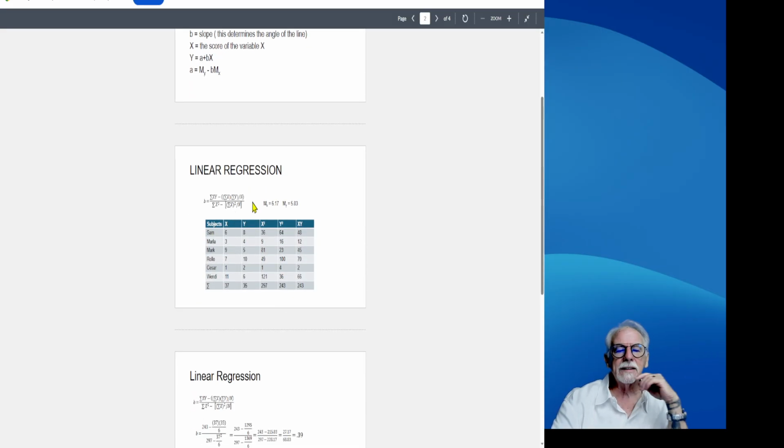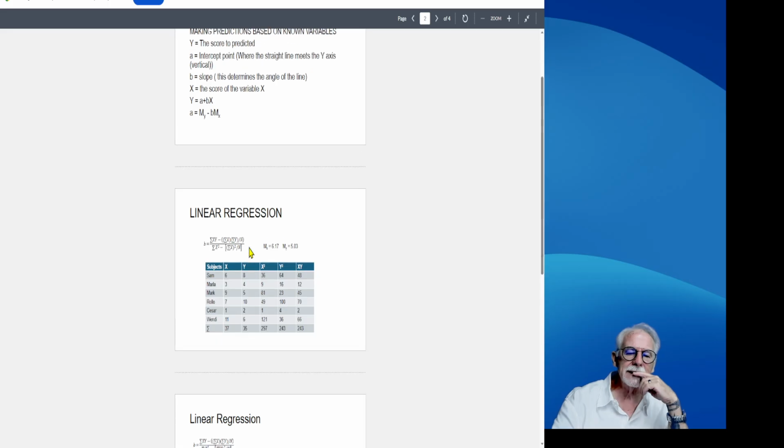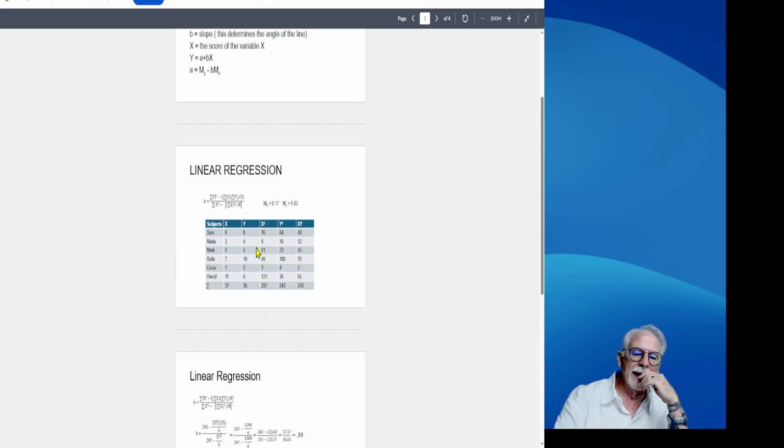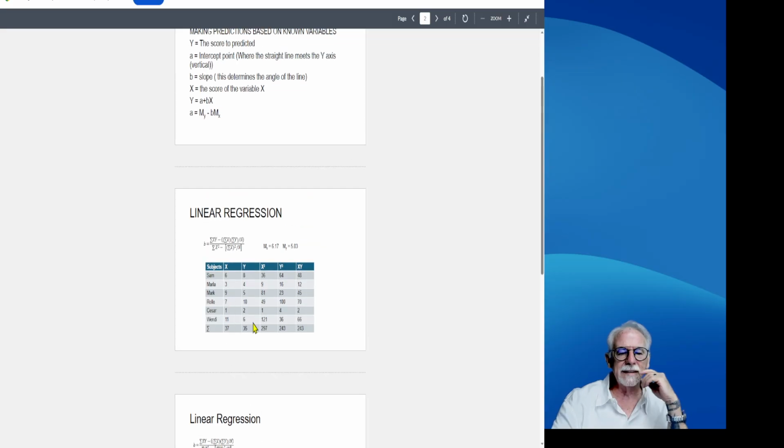So B is the hard part, obviously. Here are your scores. You've got X and Y scores here, but what we're going to be predicting is a score of X that is not in our table. These obviously are not GPA scores, but they're just scores to make it as easy as possible.